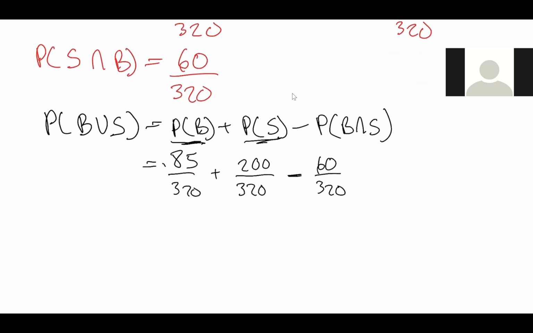So if you do 85 plus the 200, that gives you 285. And then if you do 285 minus 60, that should give you 225. And you divide that by 320. So then what you want to do, you just want to divide that out.